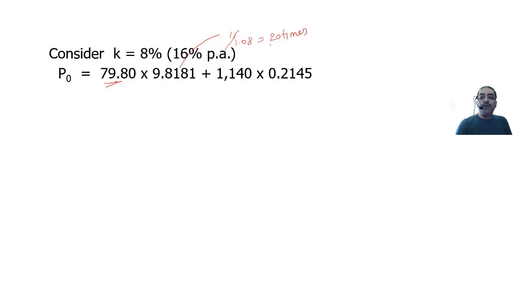Okay, 20 times you have to press. Then you press the GT function. This is to be taught in Inter CMA. You have to make use of your calculator. You may have a better method of doing it. So please do it. How did I get this? This single cash flow. So 1 divided by 1.08, equal to function 20 times.